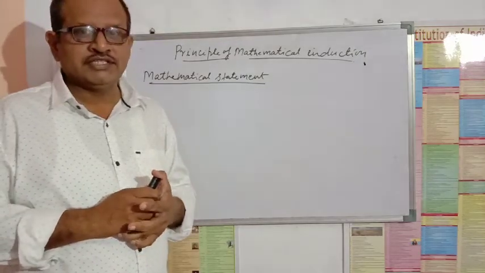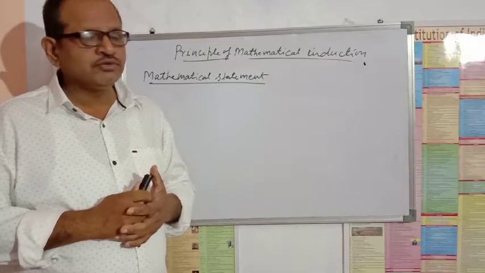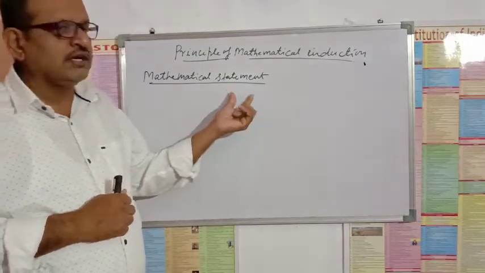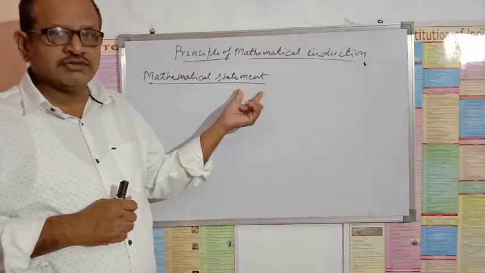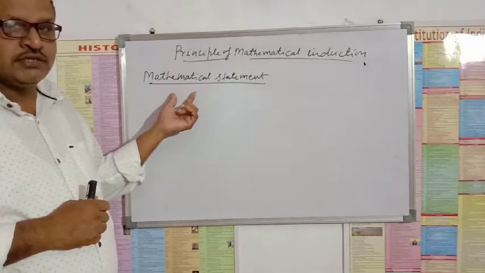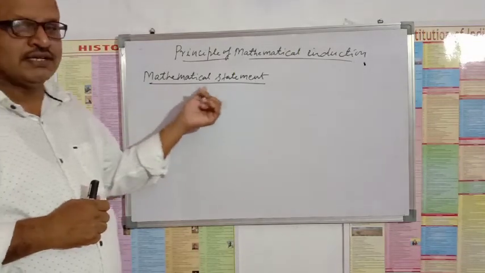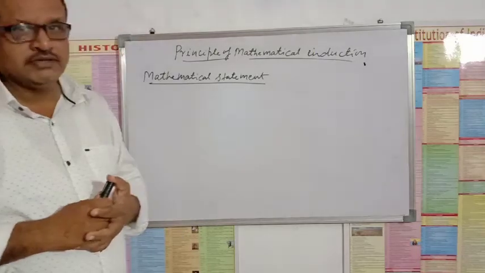What is a mathematical statement? A sentence which may be true or false is called a statement. And a statement which involves a mathematical relation is called a mathematical statement.